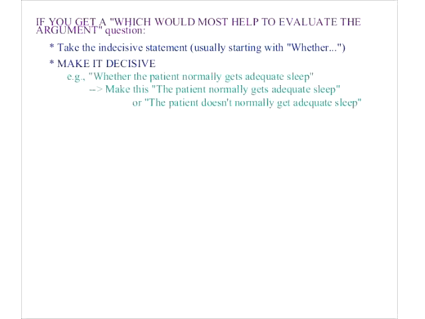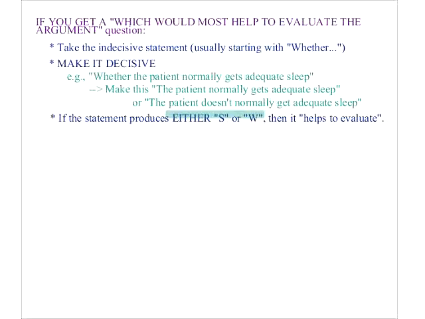Make it one of those statements, and then see how it affects the argument. Then, if the statement produces either strengthen or weaken, then it helps to evaluate. Because you don't know which, either way, as long as it helps you figure it out in either direction.